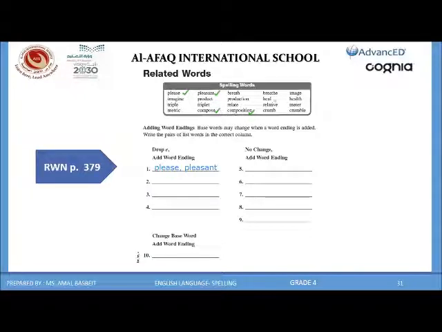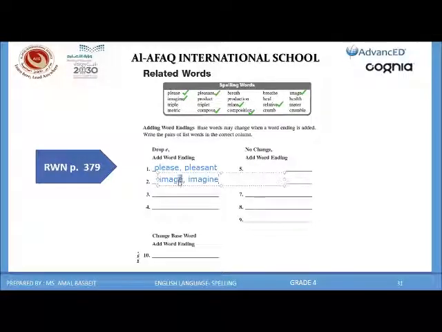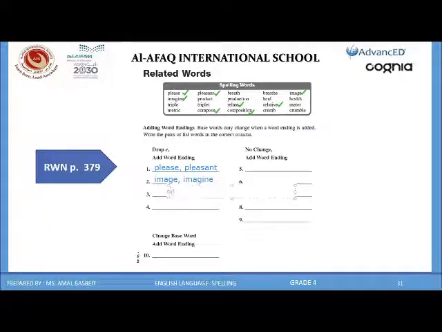I omitted the E. Image, imagine, and then the word relate, related. Okay, so let me write all of them. Image, imagine. Do you see this is E here, but here no more E. So this related word can be applied with this rule. Okay, and then another word is relate.